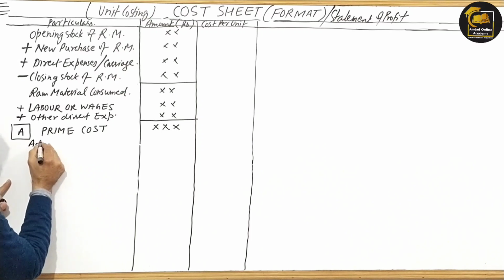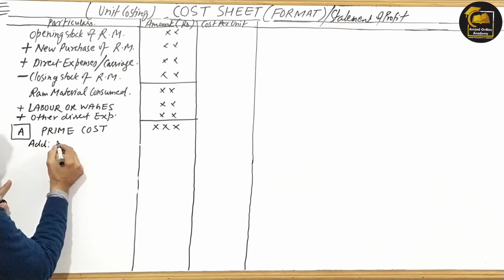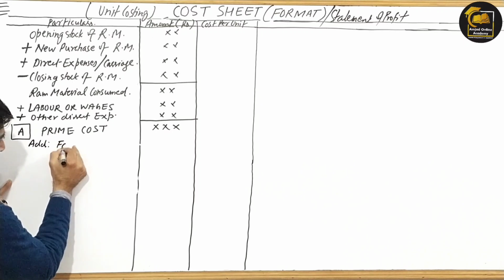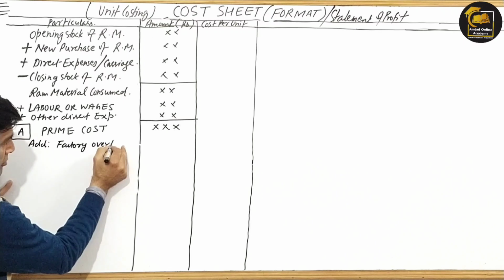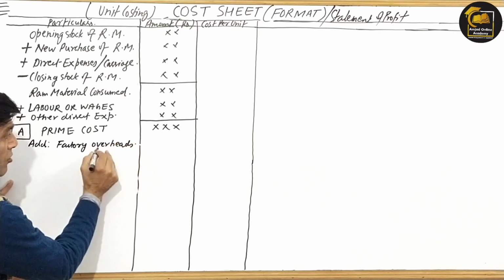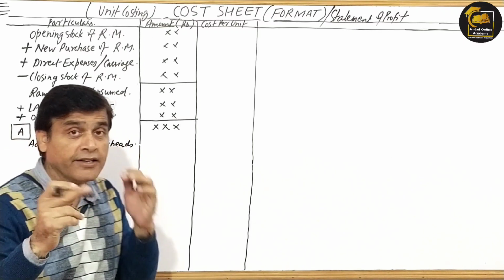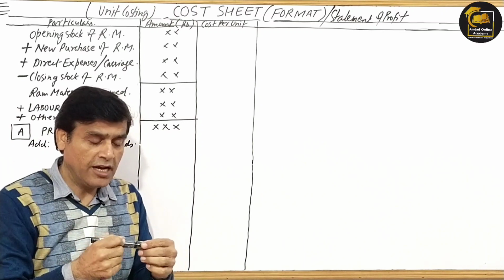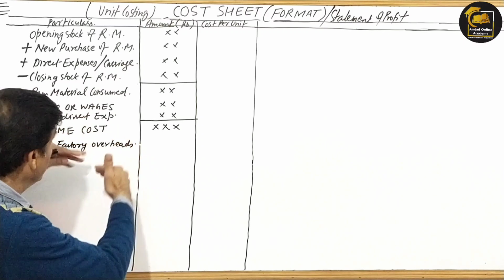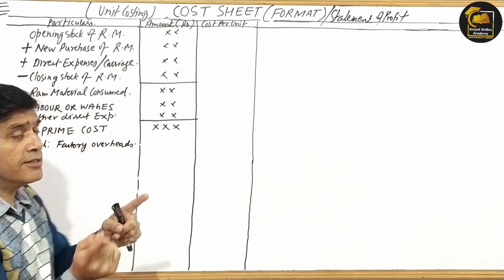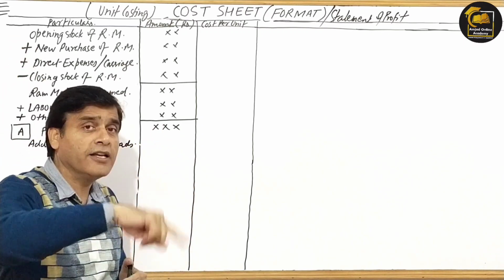Now again you have to add factory overheads. Now look, I'm using the word overhead. Yesterday in the previous session I told you the difference between the expenses and the overheads. Now these are the expenses because these are the direct expenses which are incurred in the factory.